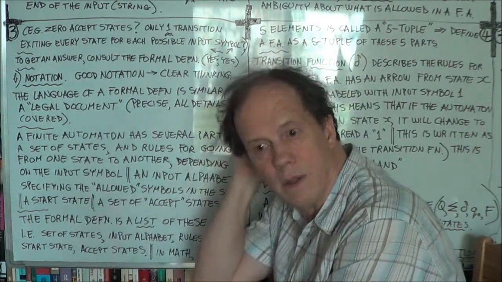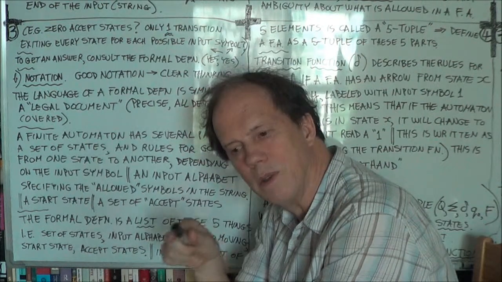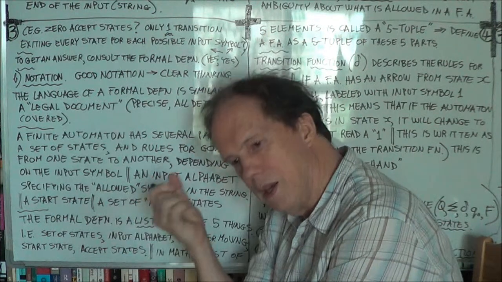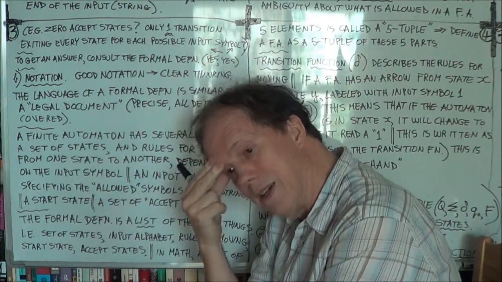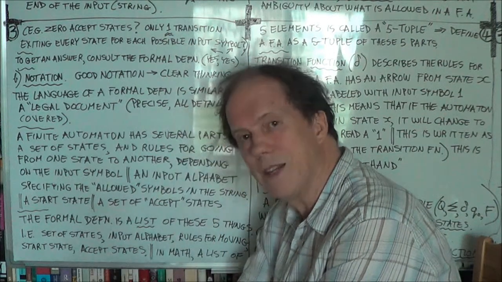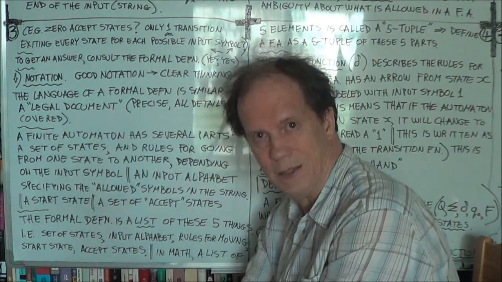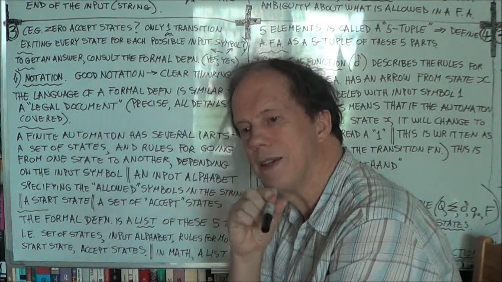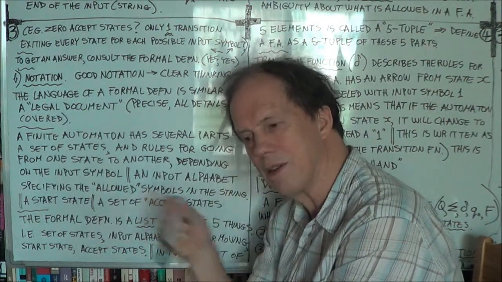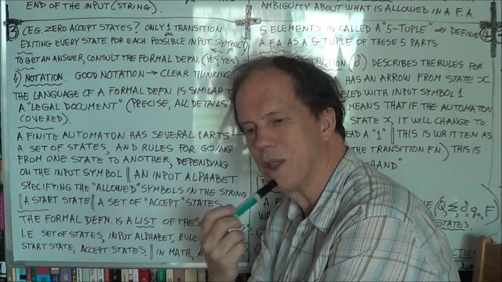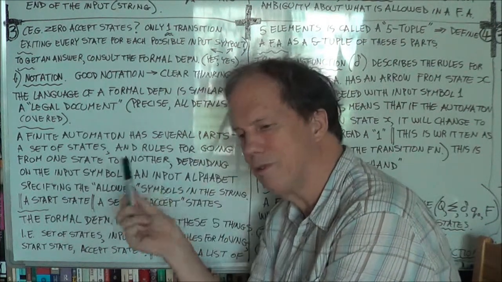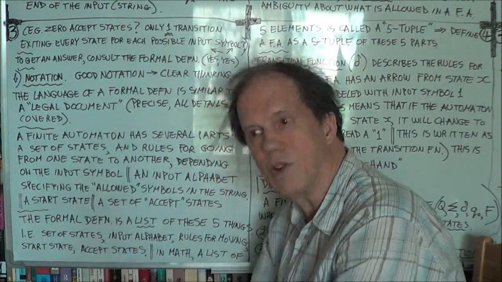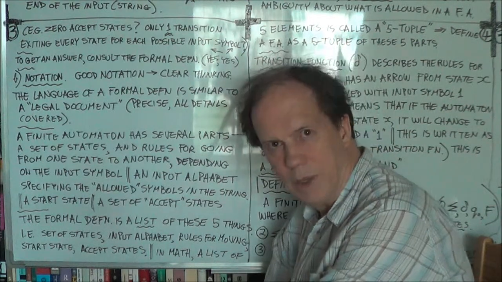What else? We need to know the start state, the one with the disconnected arrow to it. So that's a fourth thing. And what else is missing? We need to know the set of accept states. So we list the names of the states that are accept states. So far I've only talked about one automaton and it only had one accept state, but you could have larger, more complicated automata that have more than one accept state.